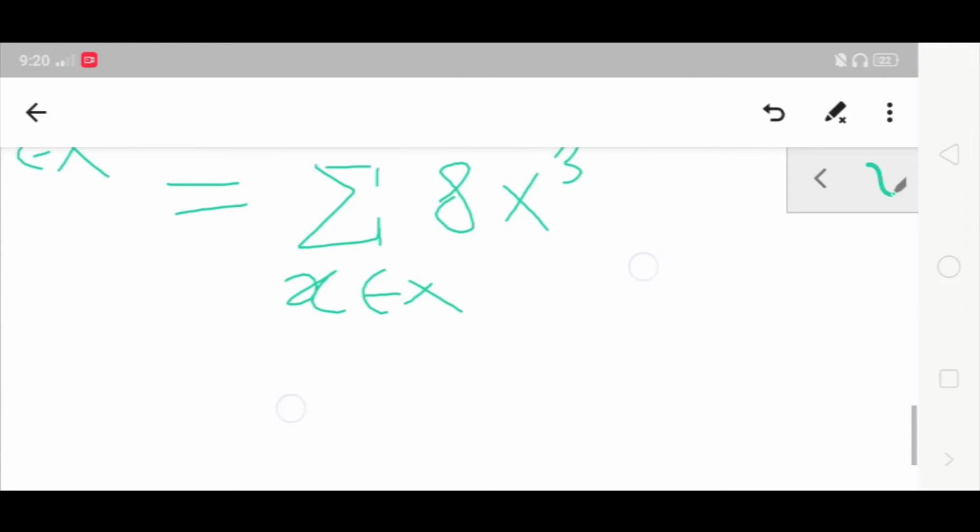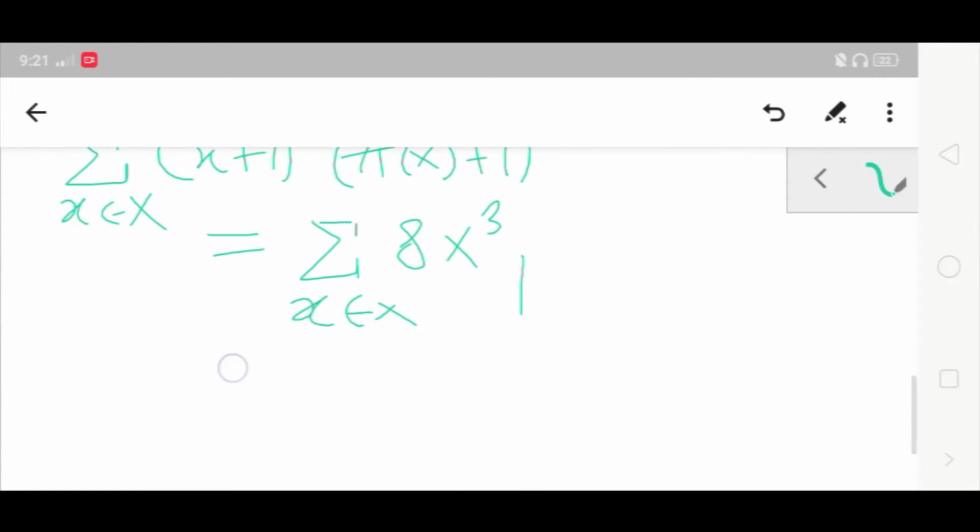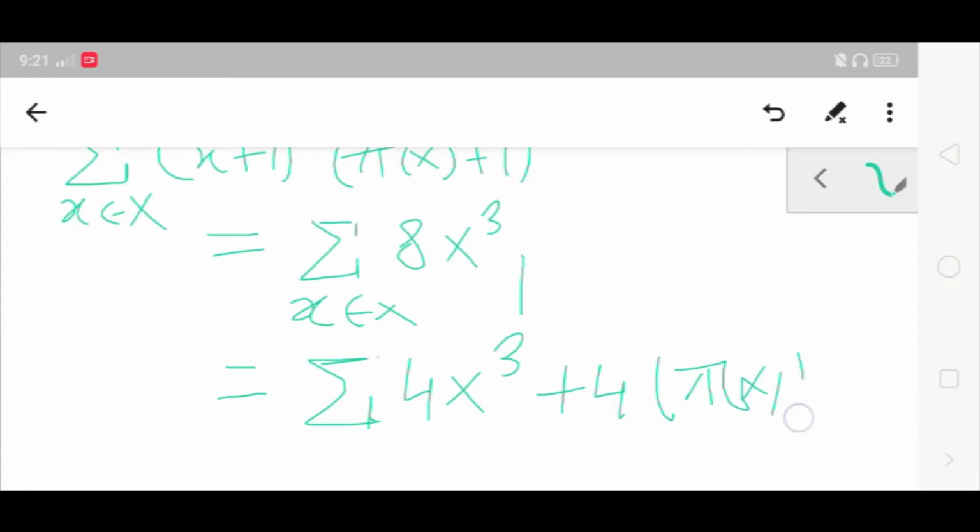Now note that this is equal to 4x cubed plus 4 pi of x cubed. Why? Because this is a permutation, and after summing, a permutation does not change. That is why I can write it as follows.